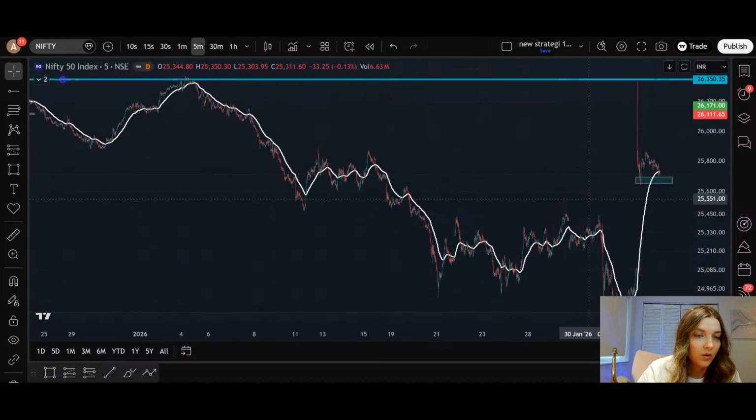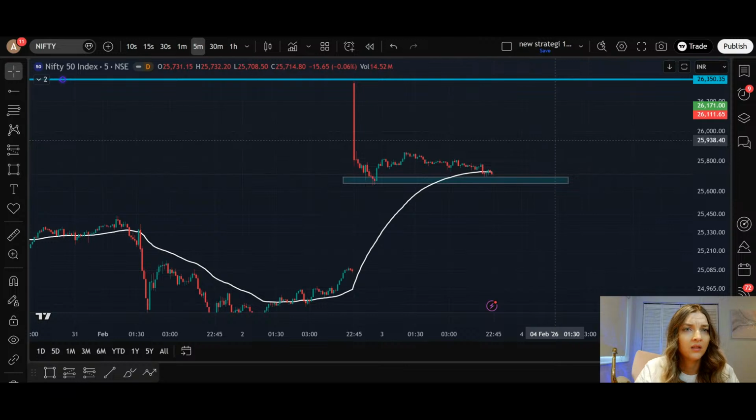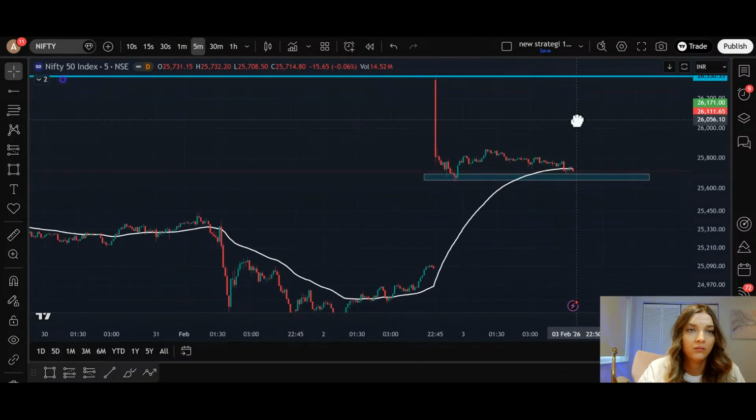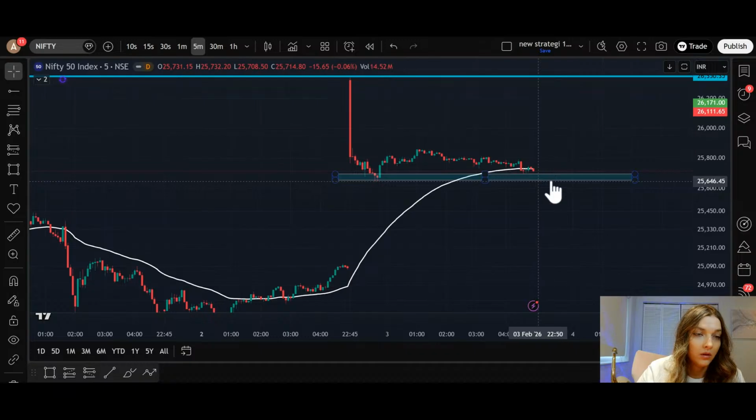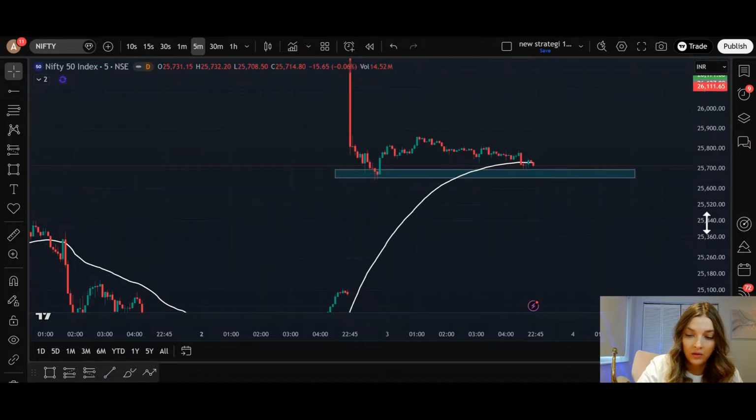What happened though? What was this? Look at this. Big jump like that. So yeah, wait for it to break this area and maybe retest it from below.